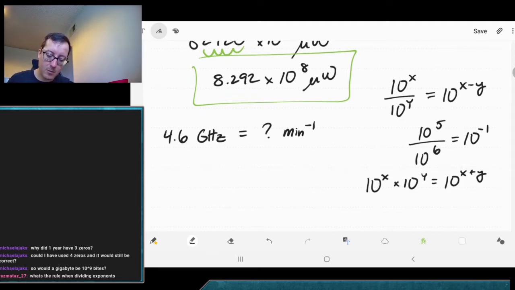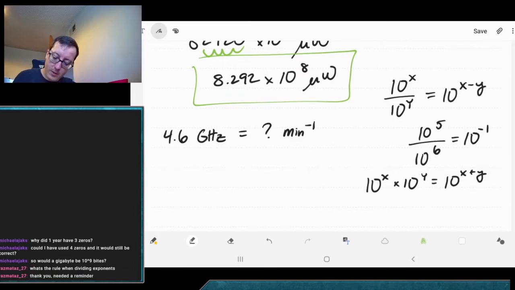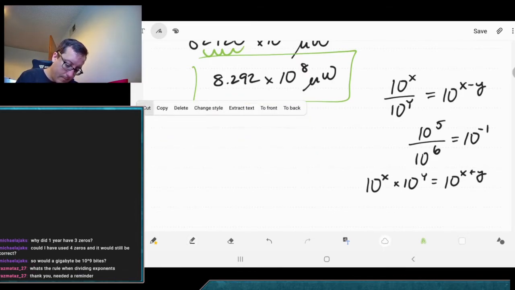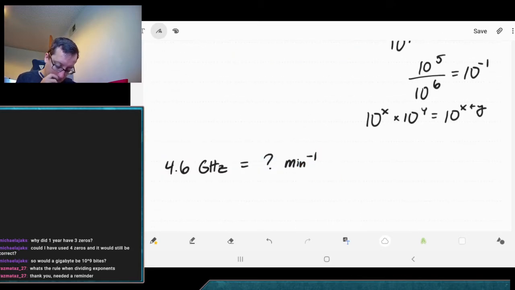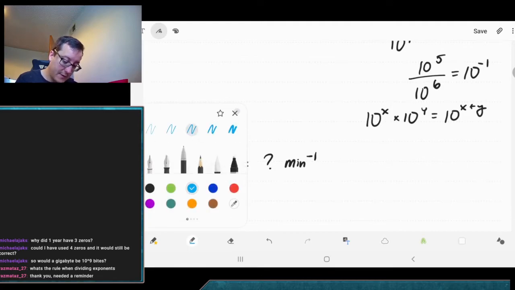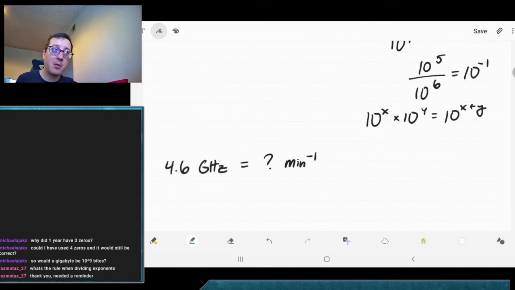Okay, so let me actually move this down a little bit. All right, a little bit less intuitive, this next one. One thing that you don't know yet, 1 hertz is the same thing as 1 inverse second, so second to the negative 1 power.